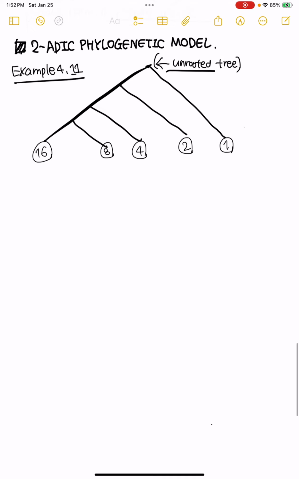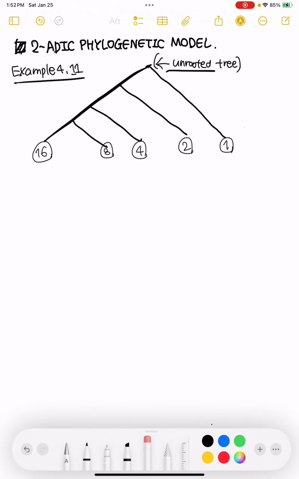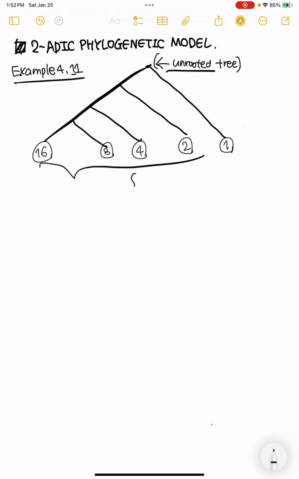When you see this phylogenetic tree, because there is no ancestor, that tree is an unrooted tree, an unrooted phylogenetic model, and there are a total of 5 leaves in the given phylogenetic tree.